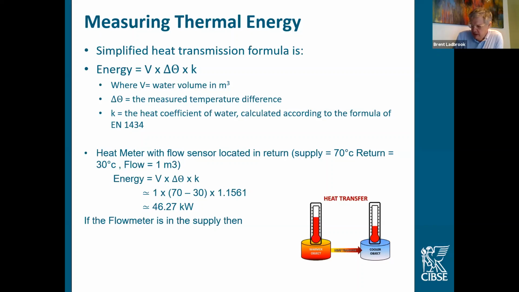If the flow meter is in the supply, so it's at the 70 degrees point, we have a different K factor, and the kilowatts that we would measure at that point would be slightly different. This is to do with the heat coefficient of water. So there it's 45.44, slightly different, but we're only over 1 cubic meter.